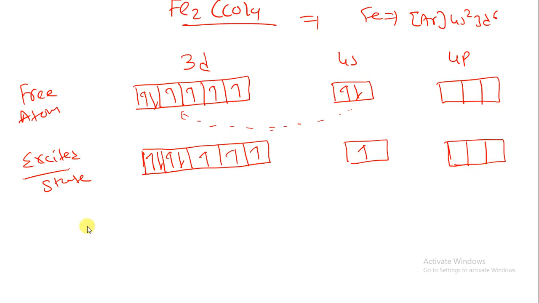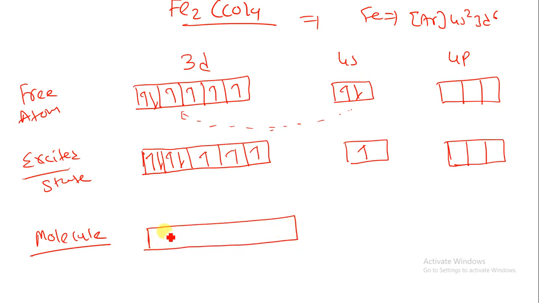When I duplicate, if I am preparing it as a molecule, I just have to duplicate the above structure, 1, 2, 3, 4 and 5. Here is one pair of electrons, a second pair, then 1, 2 and 3 unpaired electrons, here one unpaired electron, and here 3 empty spaces.